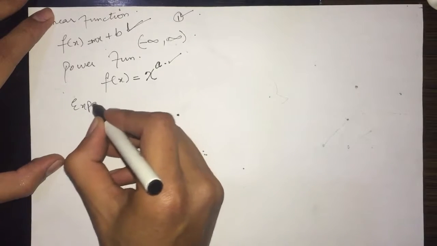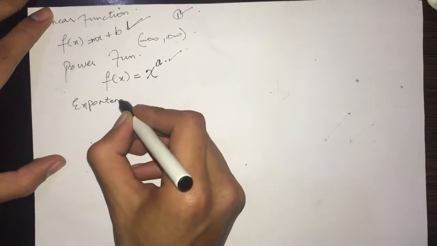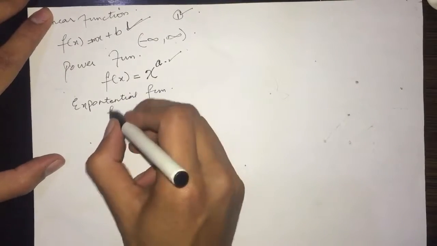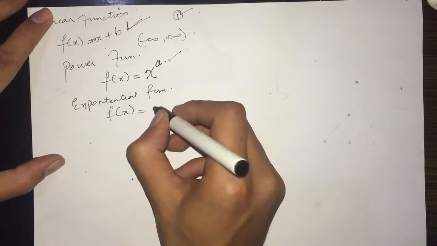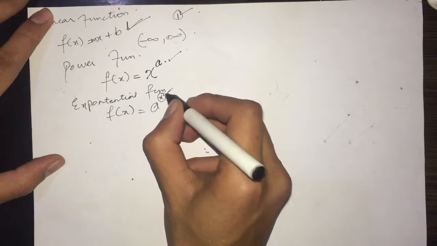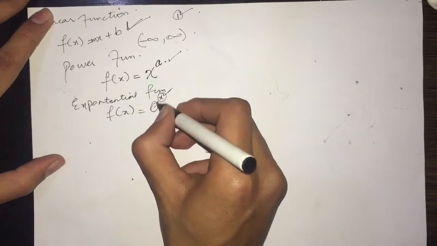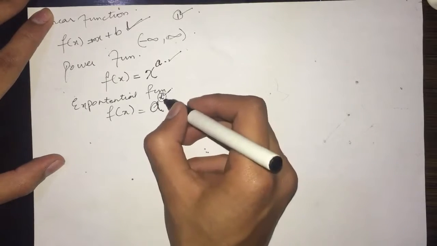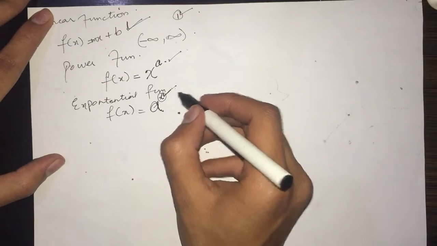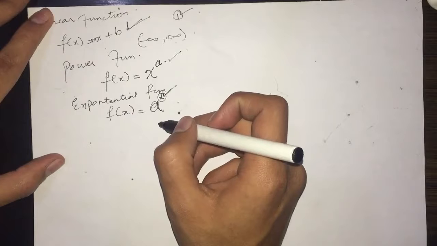An exponential function is its opposite. F of x equals a to the power x. So the variable is the exponent, and the base is a constant value. This is called an exponential function.